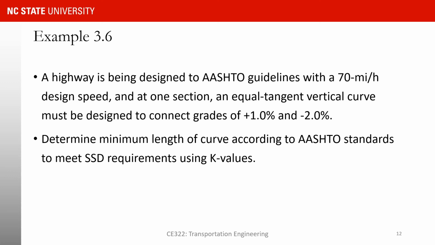We must design this curve to connect a +1 to a -2 slope. This problem is identical to the previous problem in terms of input. What we want to do is determine the minimum length of the curve according to AASHTO standards to meet stopping sight distance requirements. Now here, rather than using the equation, we want to use the K values.